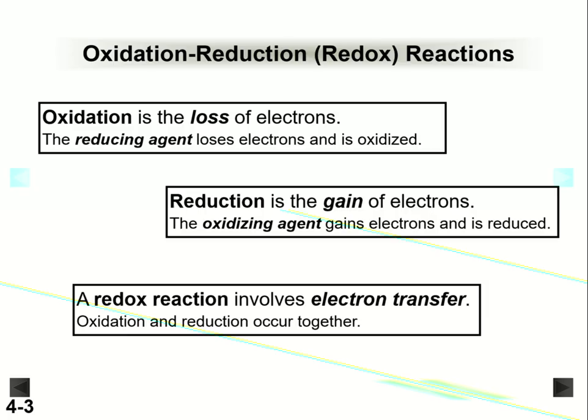An element or a compound that is oxidized loses electrons. The other species undergoes reduction. The element or compound that undergoes reduction gains electrons. A redox reaction involves electron transfer from one species to the other.